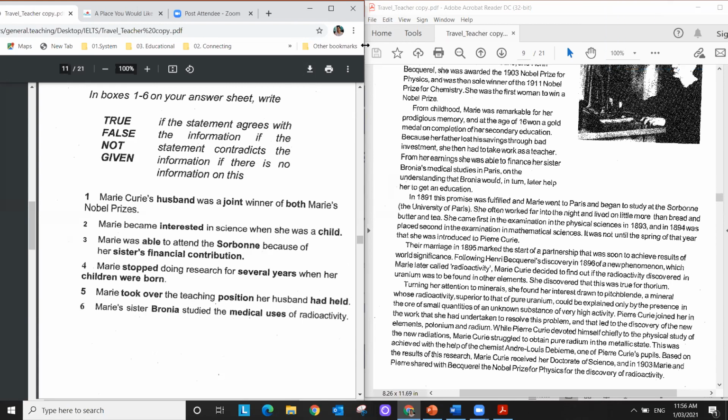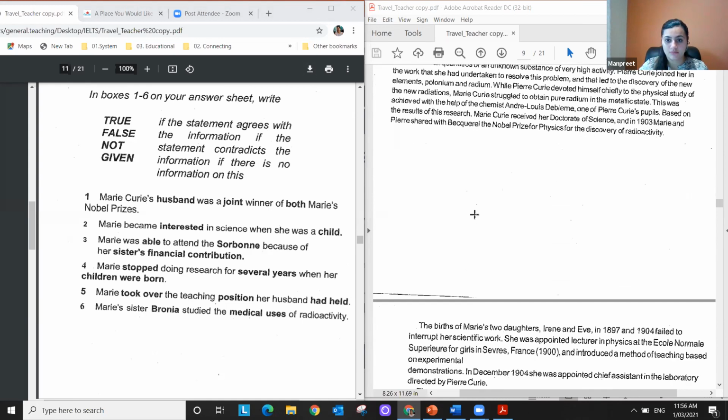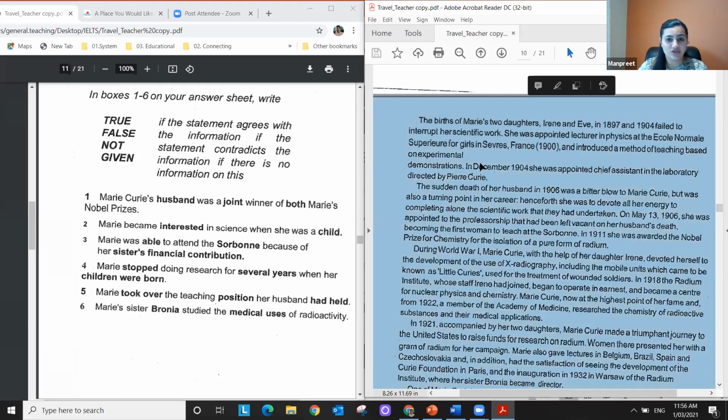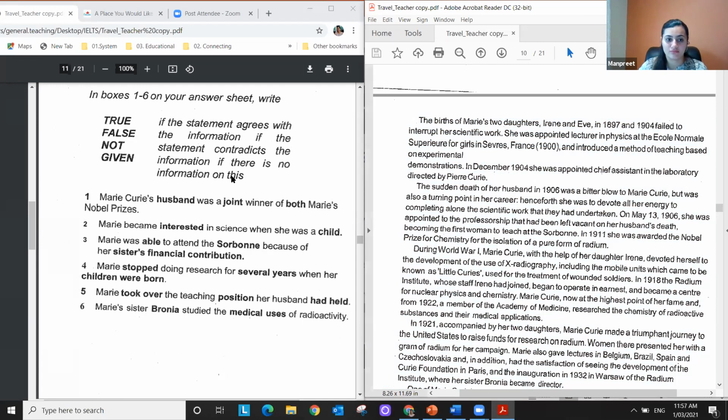Page 10, first paragraph. False, true. Good, well done. Answer 4 is false. The statement says Mary stopped doing research for several years when her children were born. In the first paragraph, second page, it says she failed to interrupt her scientific work. So that means she didn't take any time off, she didn't stop her work.